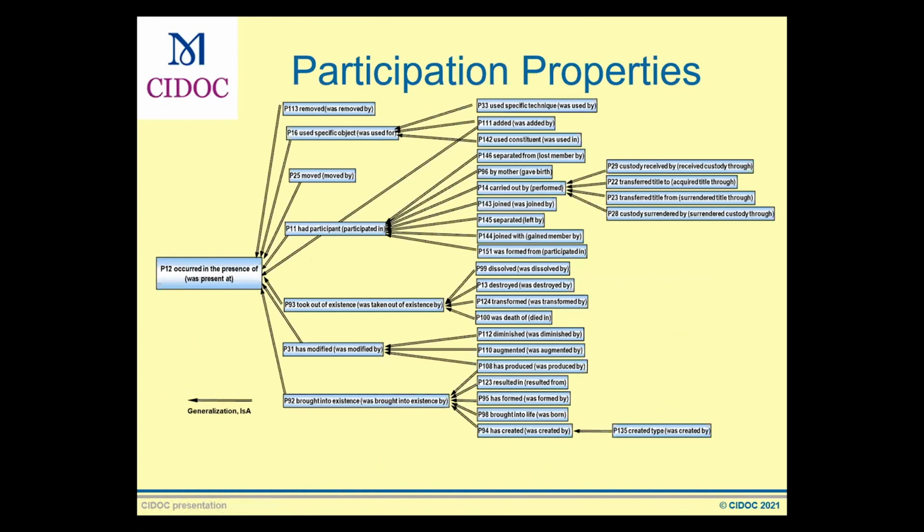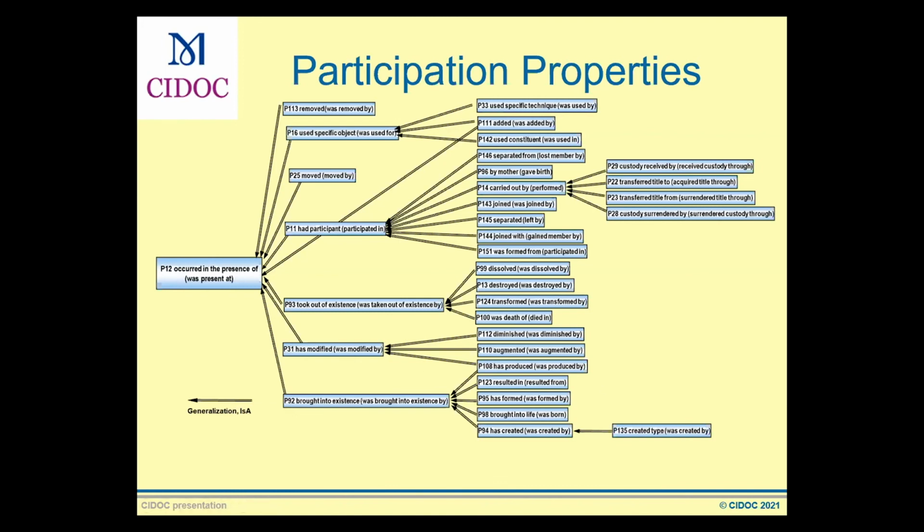So here again is the participation properties, which is one of the core areas that you'll use whenever you're using the CRM in real work. It's one of the core areas that we get to do stuff with. There are other areas of the property hierarchy that are interesting, but particularly participation is one of the core areas that you'll use all the time to relate people, places, and things together.